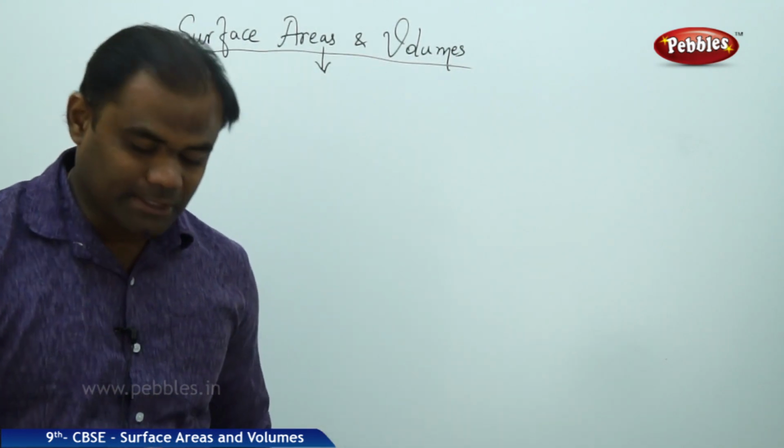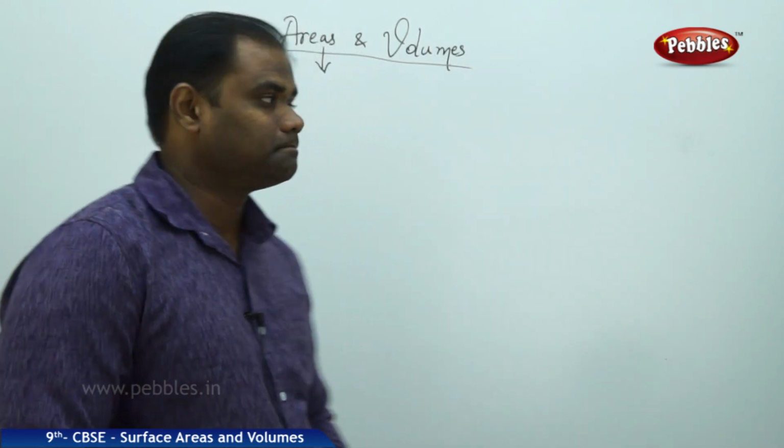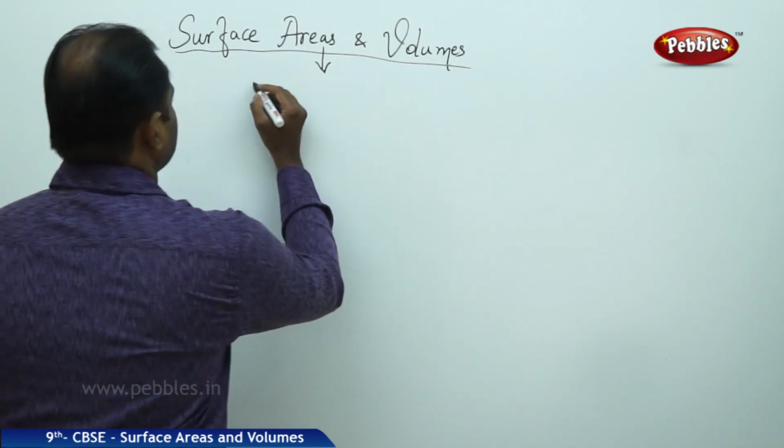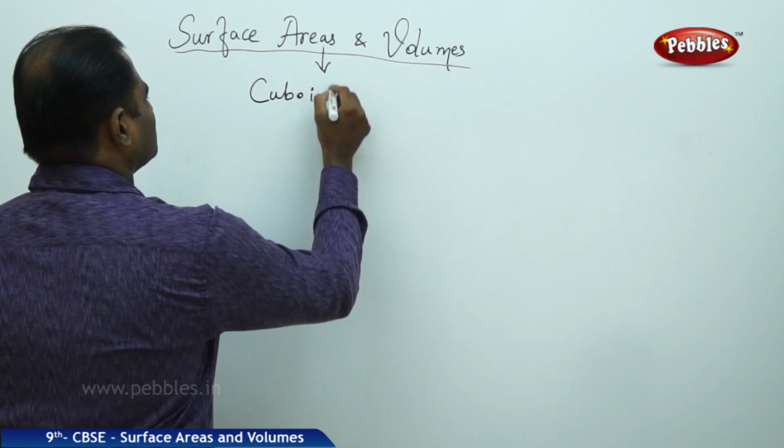Now that we have understood surface area and volume of a solid figure through the different faces, let's see how we can find the surface area of a cuboid. This session is about the surface area of a cuboid.